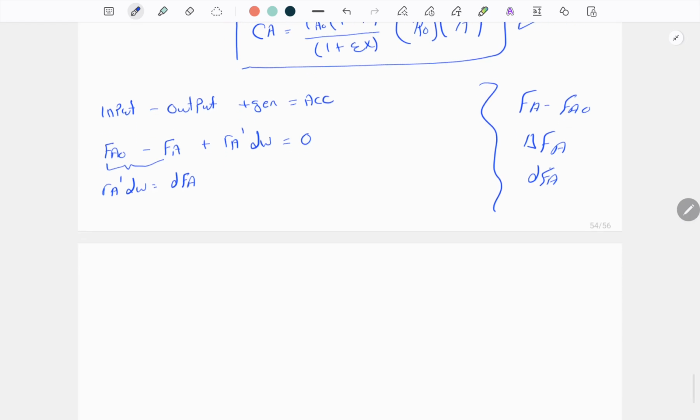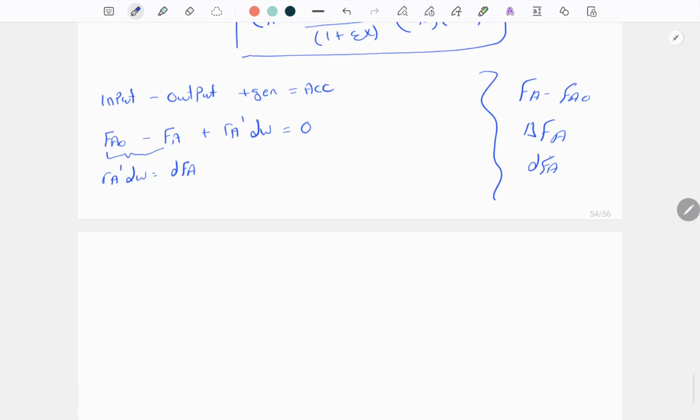Therefore, we got this. Now, I'll move dW to the other side. So RA prime equals dFA over dW. Now, we know that FA equals FA naught (1 minus x), which can also be written as FA naught minus FA naught x.